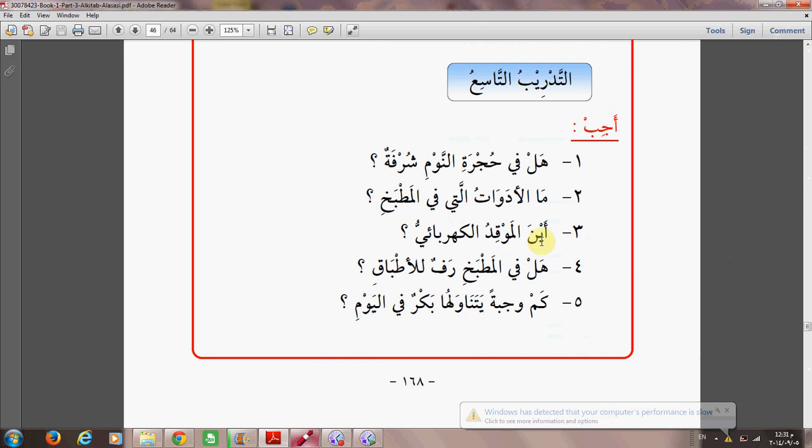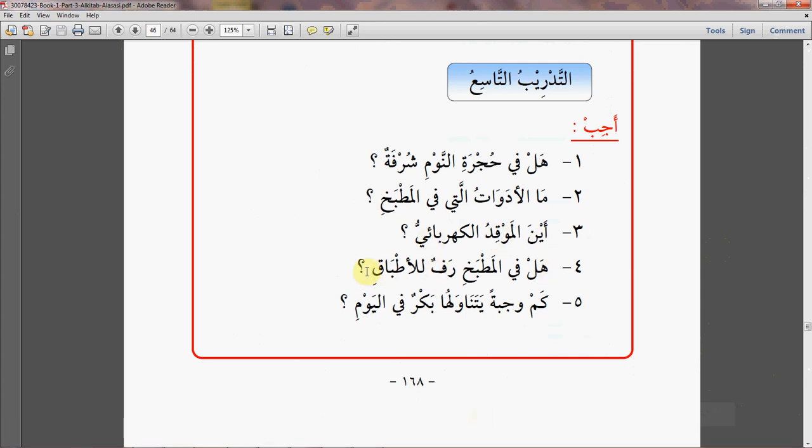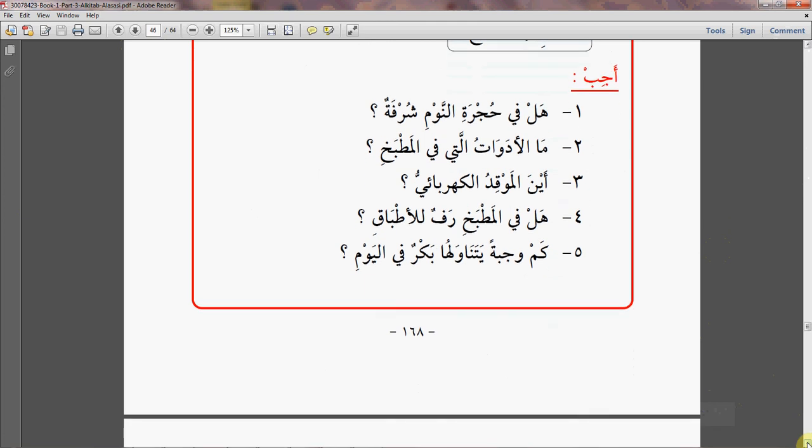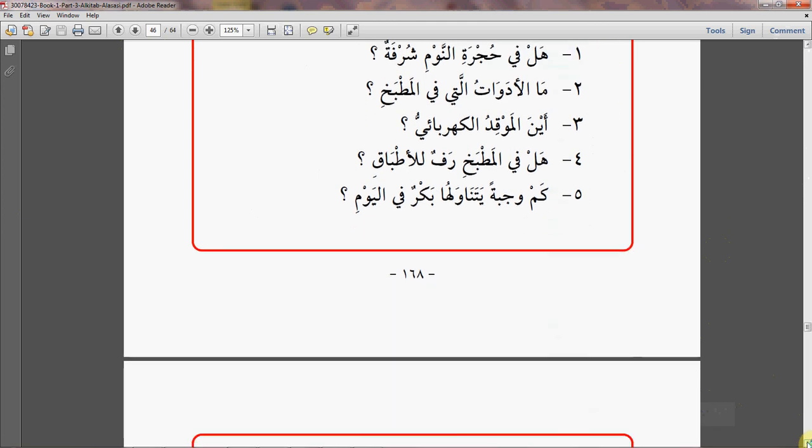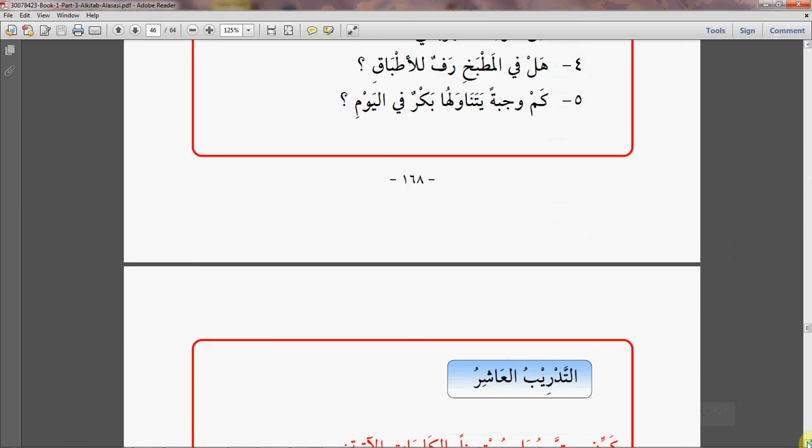Okay. أين الموقد الكهربائي؟ في المطبخ. هل في المطبخ رف للأطباق؟ نعم، في المطبخ رف للأطباق. كم وجبة يتناولها بكر في اليوم؟ يتناول بكر 3 وجبات في اليوم. Okay, you can go to the lesson and check the accurate answers. I'm doing it quickly so you check it from the lesson. All these 5 questions are in the lesson.